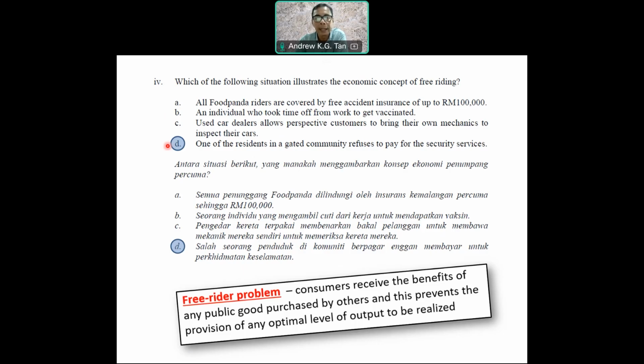Walaupun beliau tinggal dalam komuniti berpagar, mereka mesti bayar, betul tak, untuk perkhidmatan keselamatan. Tetapi oleh kerana dia tahu dia boleh menjadi penumpang percuma, seluruh komuniti akan menikmati perkhidmatan keselamatan walaupun dia enggan bayar, rumahnya tetap dilindungi. So this is a situation of free riding.